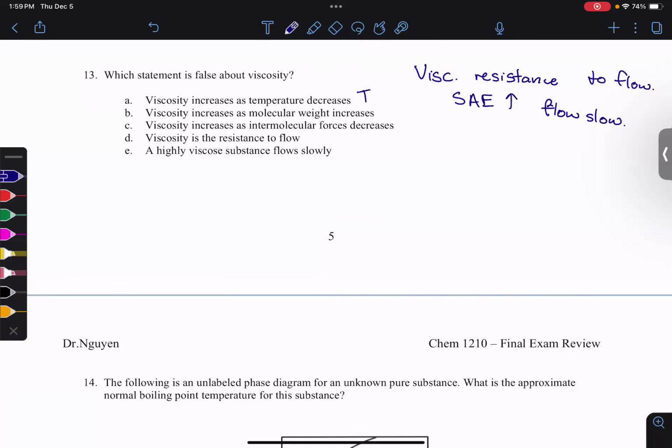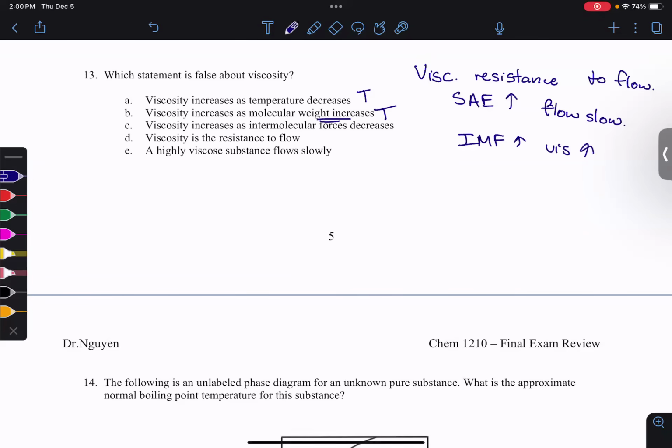All right. At low temperatures, if you have cold maple syrup, it's going to flow slow. So it actually has a high viscosity. All right. So that is true. B, viscosity increases as molecular weight increases. This is true as well. Remember, because as IMFs increase, viscosity increases.